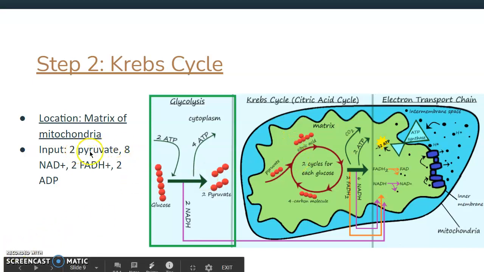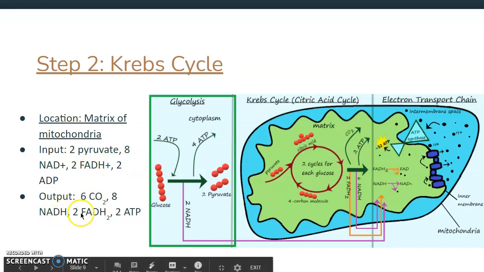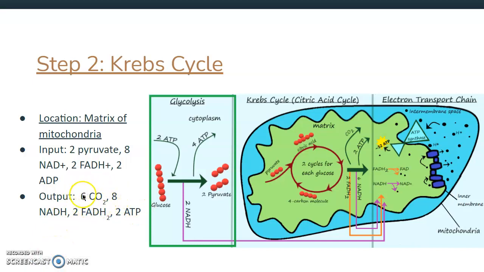And the input for this is our 2 pyruvate. Then we need 8 NAD pluses, 2 FAD pluses, and 2 ADP. So by looking at our inputs, we can picture that we're going to come out with 8 NADHs, 2 FADH2s, and 2 ATP, as well as 6 CO2.